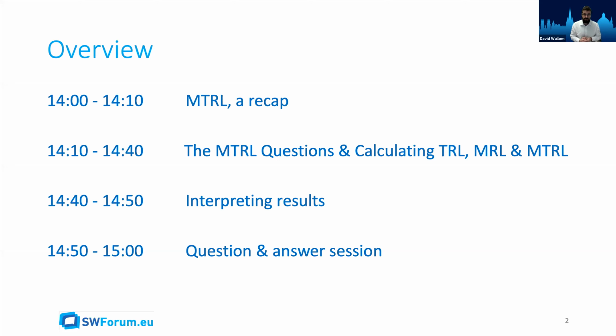I'm then going to start discussing the questions that we actually utilize to capture information on the project or product that we're assessing, and then how we calculate the technical readiness level, market readiness level, and marketing and technology readiness level product. Once we've gone through those questions and gone through the little bit of maths about TRL, MRL, and MTRL, I'll talk a little about interpreting the results.